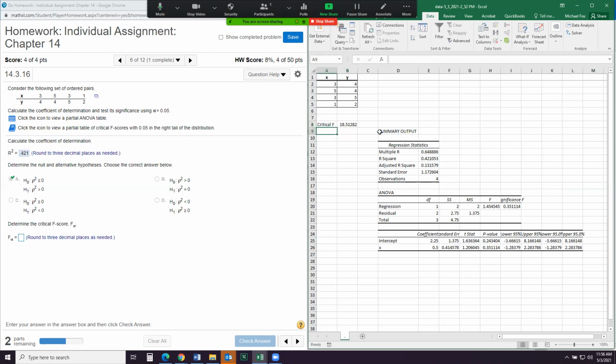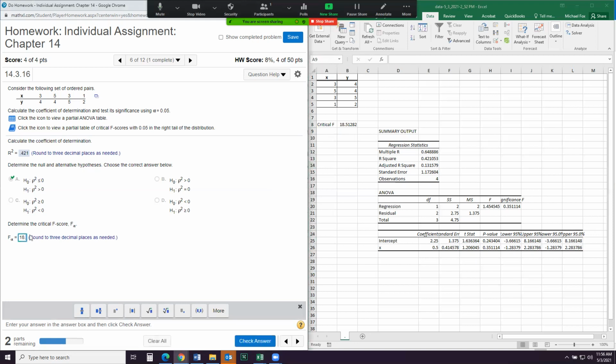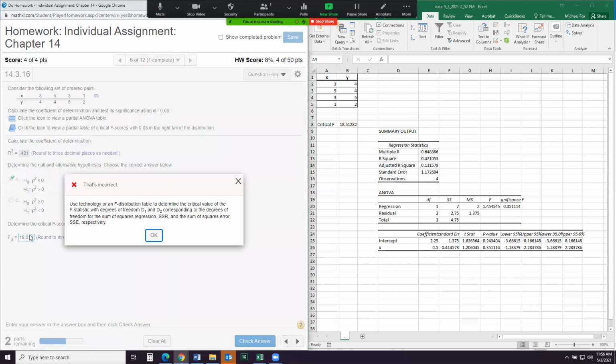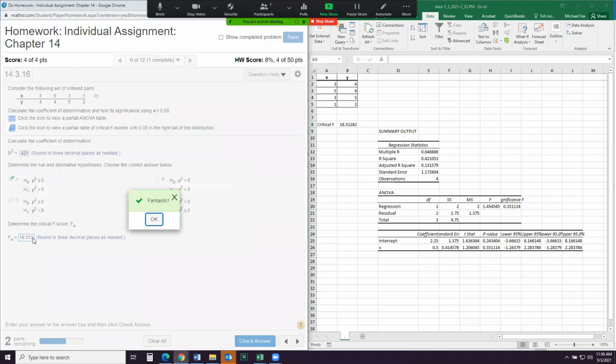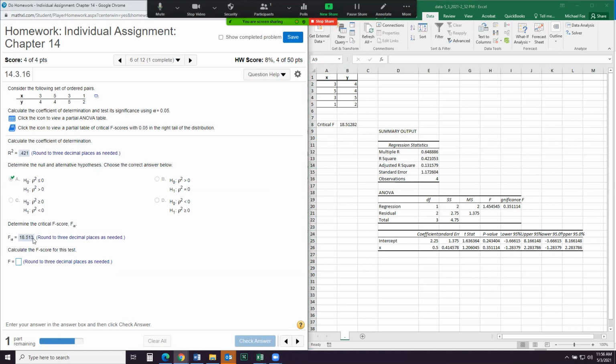So that's going to be my critical F. That's a huge number, 18.513, I didn't round. See what happens when you try to hurry. There we go.